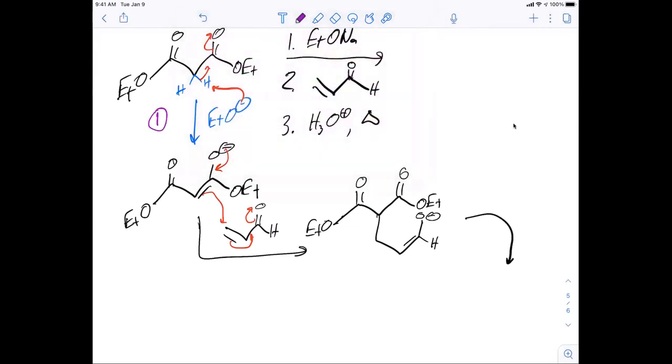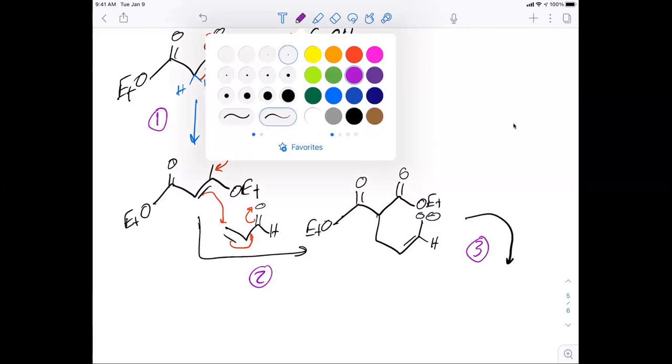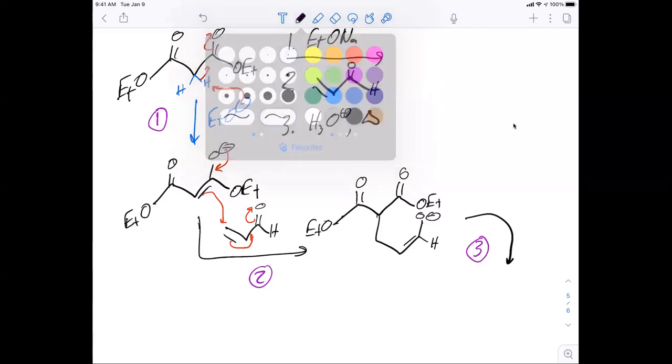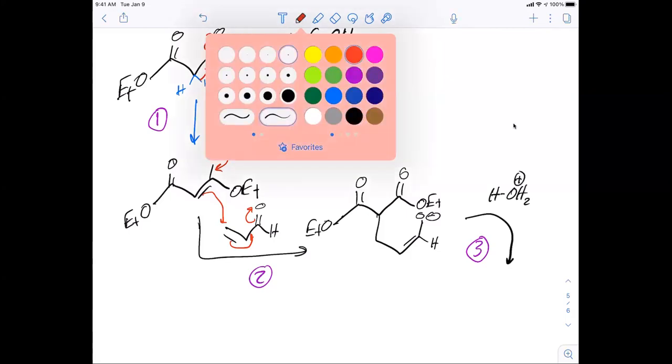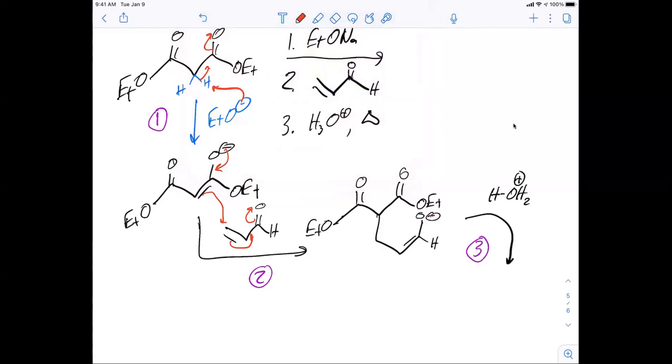So this is step 1. Here is step 2. Now we're starting step 3. And step 3 is actually going to have 3 phases. So the first thing we have is the protonation. That's going to pick up our proton.